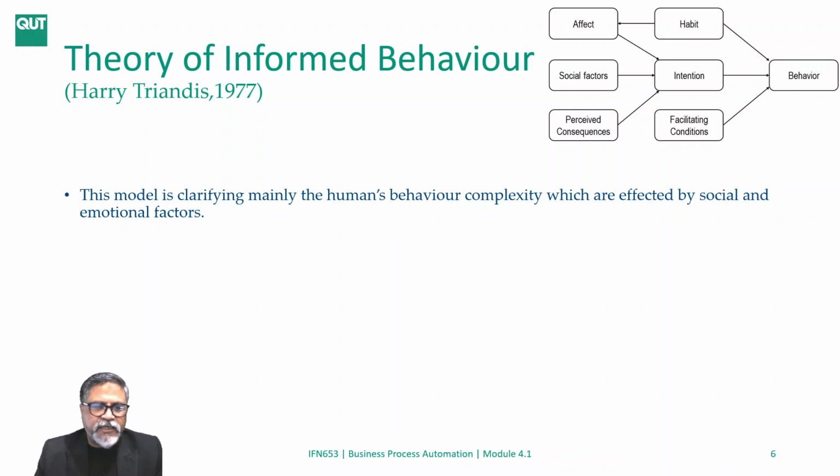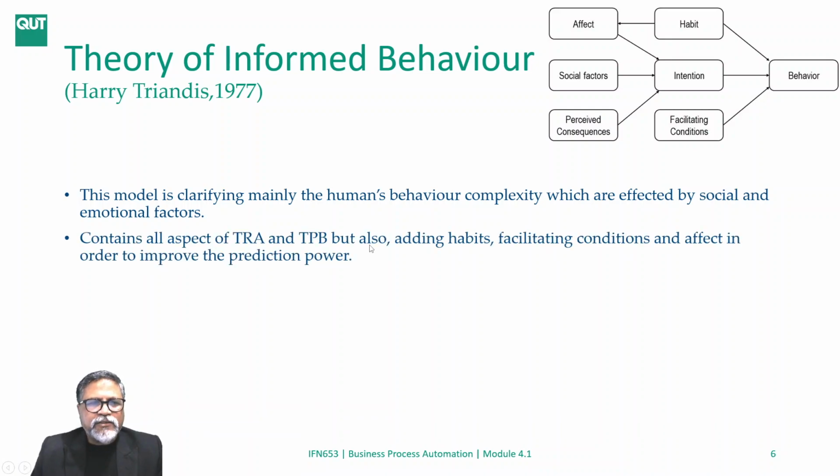If the behavior in question is critical, then it is important. Okay, so it contains all aspects of the previous theory, right? But it also adds habits, facilitating conditions, and affect in order to improve the prediction power.